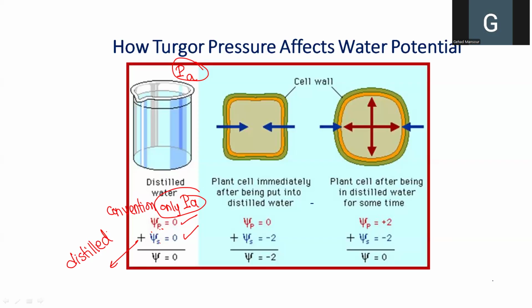Now we are going to take a plant cell, and the plant cell will be immersed in distilled water for a while. Let's see the status of the plant cell immediately after being put in distilled water. Is it important to say immediately after? Yes, this means that we didn't give time to water to flow inwards or outwards.